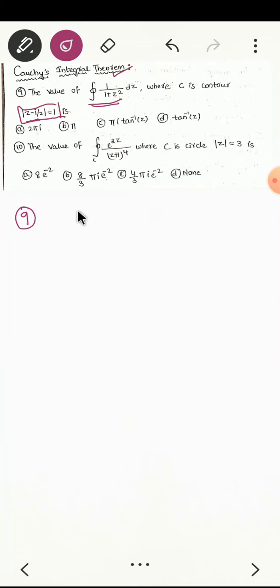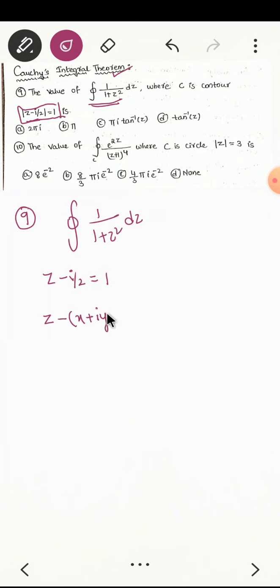So the integral of 1 by 1 plus z square dz. First you have to convert this into the form f of z by z minus a, then only you can solve. Before that, you just draw the contour they have given, |z minus i by 2| equal to 1. You have to compare this with |z minus (x plus iy)| equal to r, and find x and y from this.